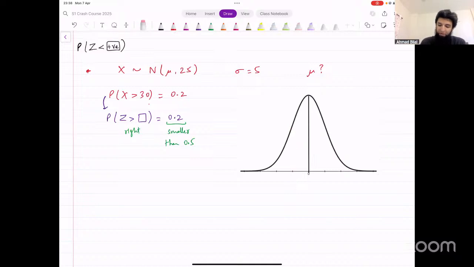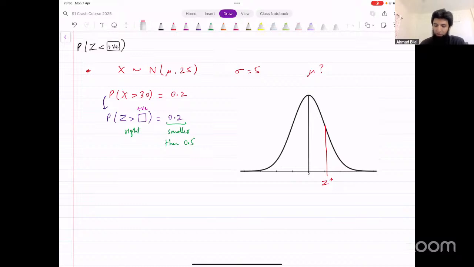If we place Z on the positive side, is the area to the right of Z smaller or bigger? Now it is smaller, and that's exactly what we want. That means the Z value here is a positive number. So we figured out that the Z value is positive.